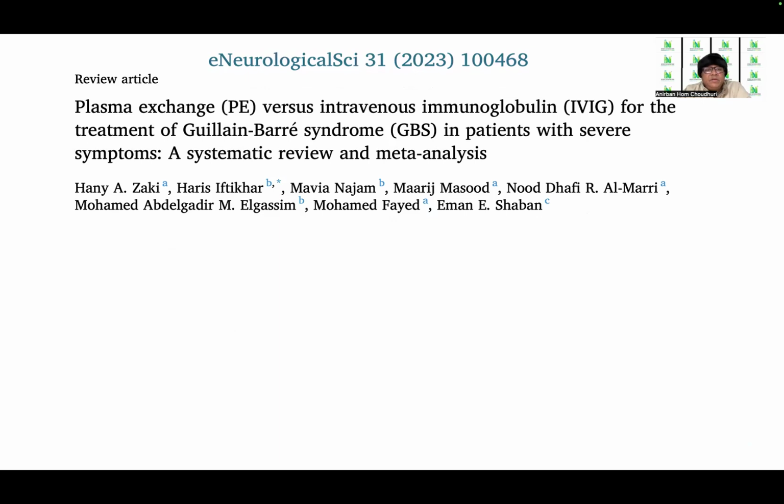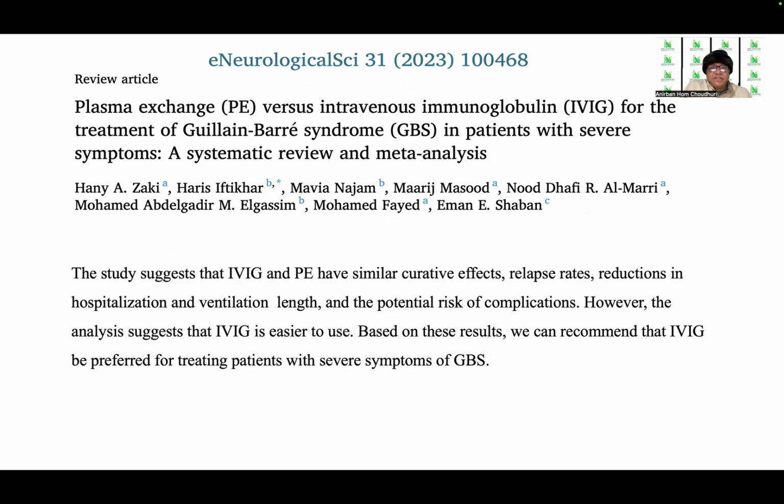Now, there have been a lot of studies which compared plasma exchange with IVIG in GBS. This is a systematic review and meta-analysis, the latest one, published in 2023. Although more than 532 articles were found, it has taken the major 20 studies.